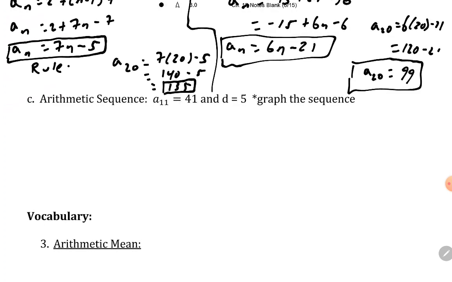Arithmetic sequence. They tell us that a sub 11 is 41 and d is 5.